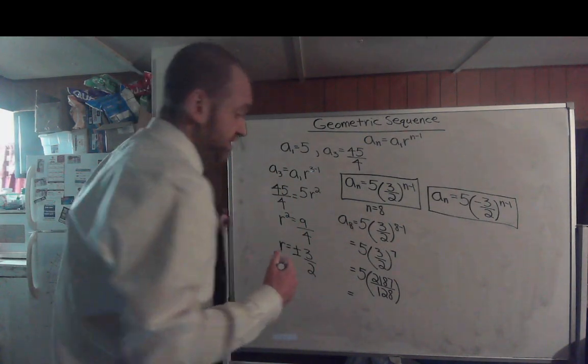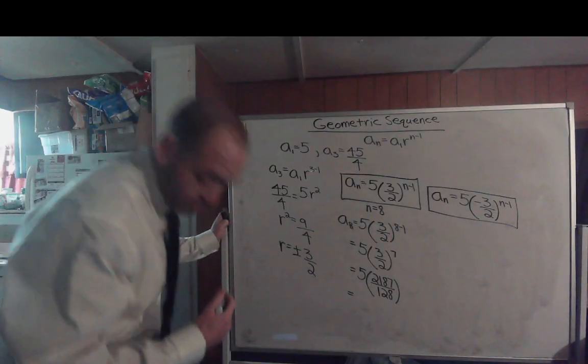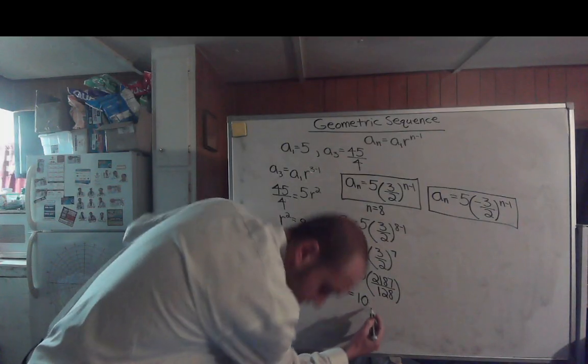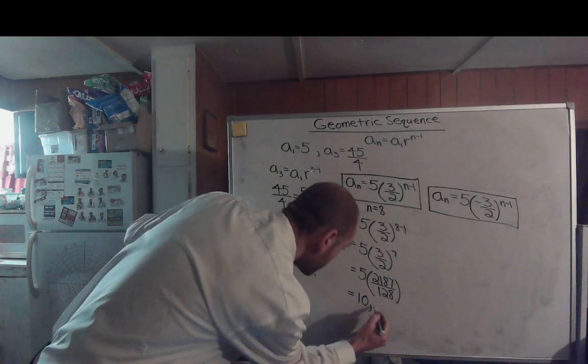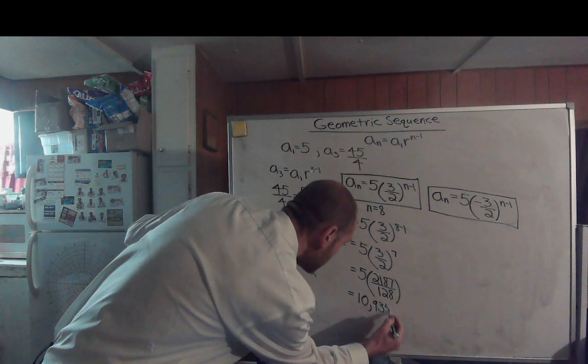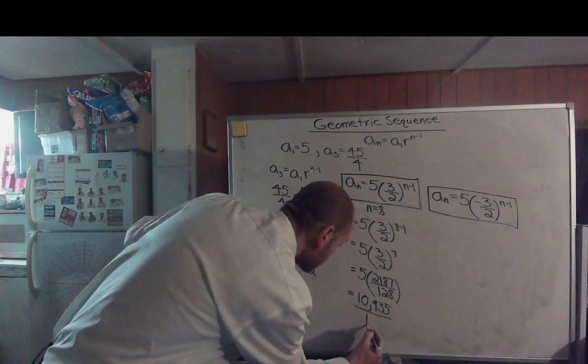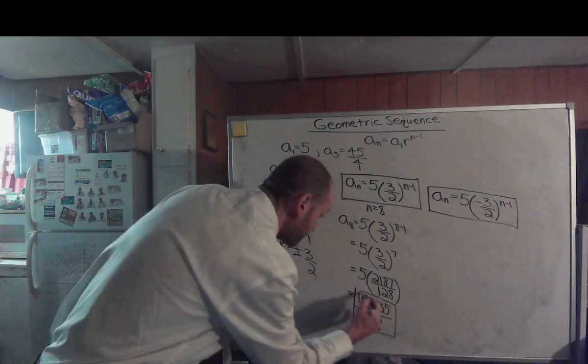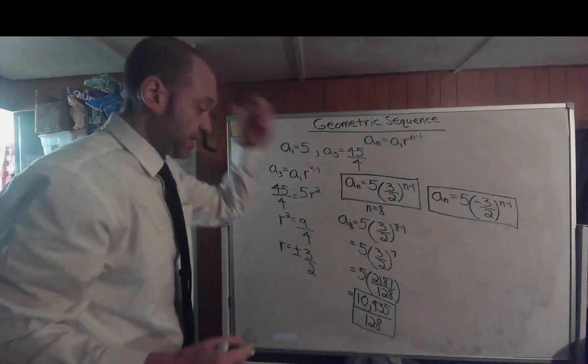So that means the eighth term is going to end up being 10,935 over 128 based on a common ratio that's positive 3/2.